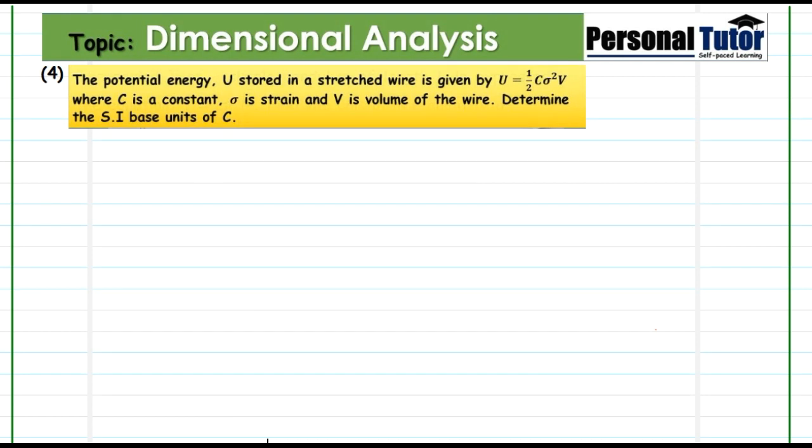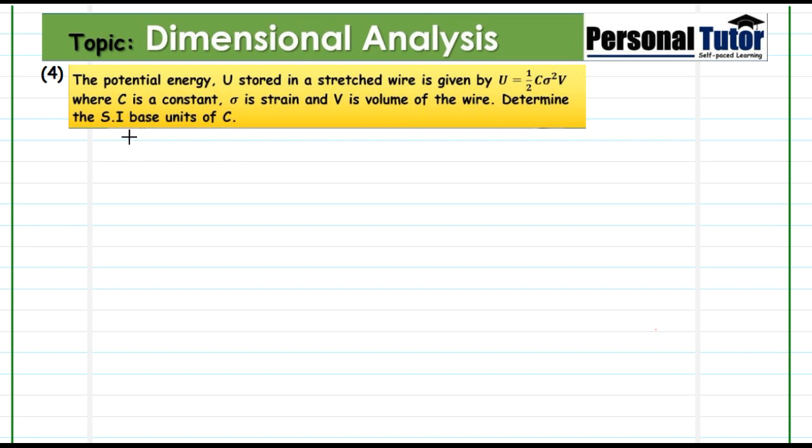Let's take our last example. Example number 4. The potential energy U stored in a stretched wire is given by U equals half C sigma square V, where C is a constant, sigma is a strain, and V is volume of the wire.